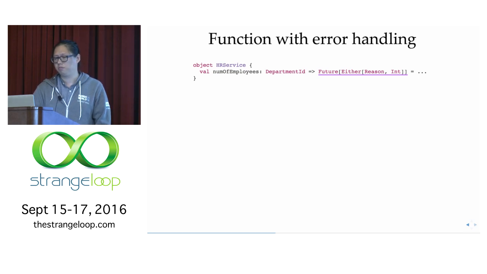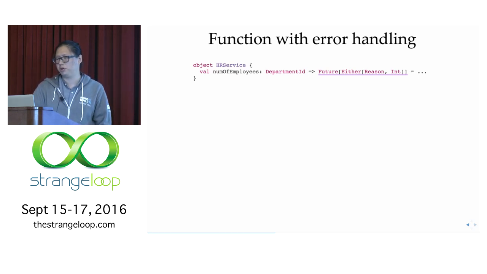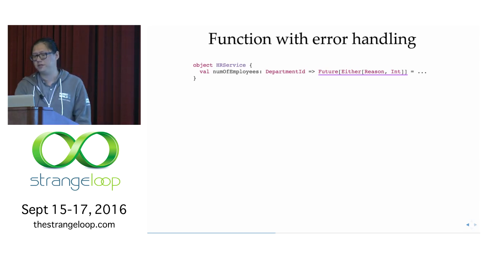So, okay, what if your function has error handling? We just keep making our function more realistic. Error handling with Future is actually already baked in, so you can just use the Future's baked-in error handling in most cases, but in some cases we want to use Either to do error handling. In this particular case, you can see I use a Reason on the left side of the Either.